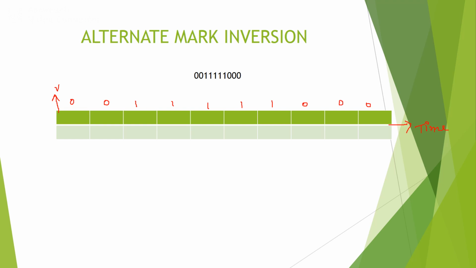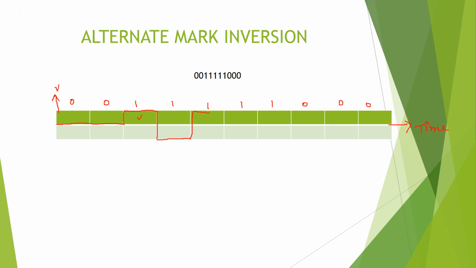So the 0 voltage can be represented as neutral 0 itself. So that is 0. Next is also 0, and for bit 1, the first bit I will consider as high. So bit 1 can be represented as alternate positive and negative. So here I have considered positive. Now I will consider negative magnitude.